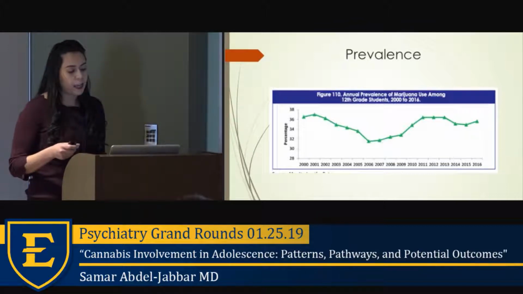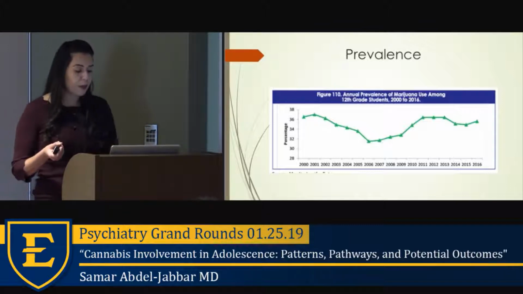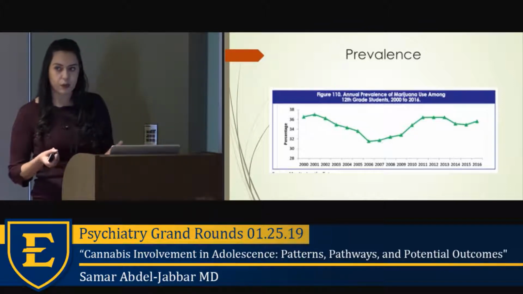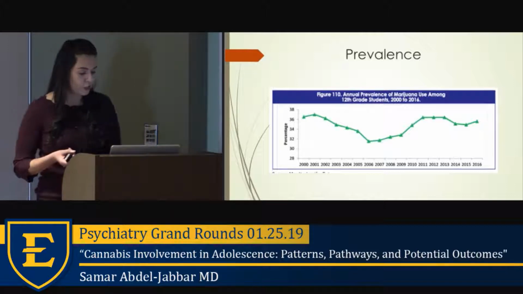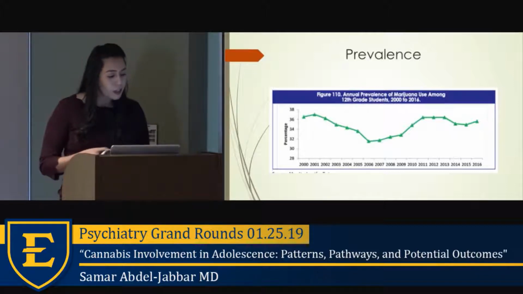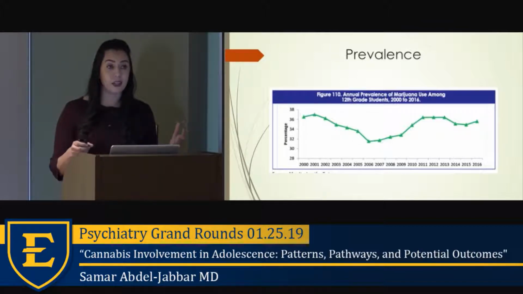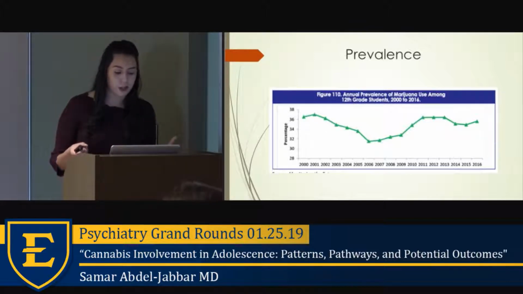With 32 states and counting legalizing medical marijuana, there was a question: is there an increased use of marijuana in the adolescent population? Dr. Aster Koo from Brown University conducted research on over 11 million high school students and asked that question.